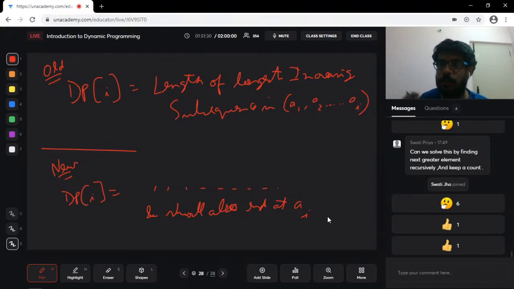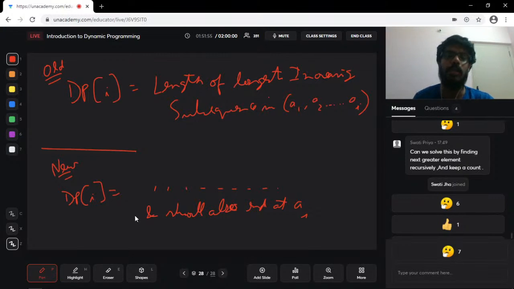I only consider those increasing subsequences which end at AI, and amongst those I want to find the longest. It's a bit counterintuitive at first, but the reason we are tweaking this is because we want a handle on where subsequences end, because that is where we failed. That's why we tweak this definition.